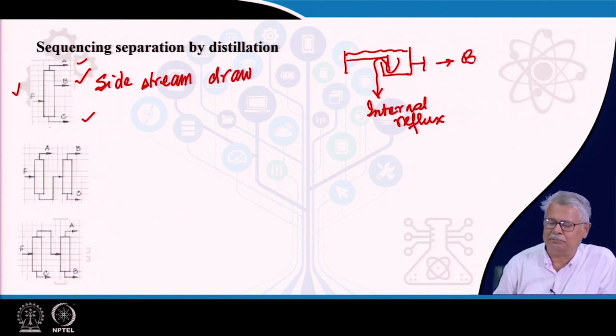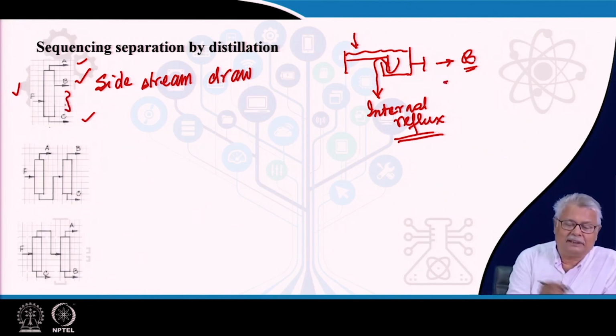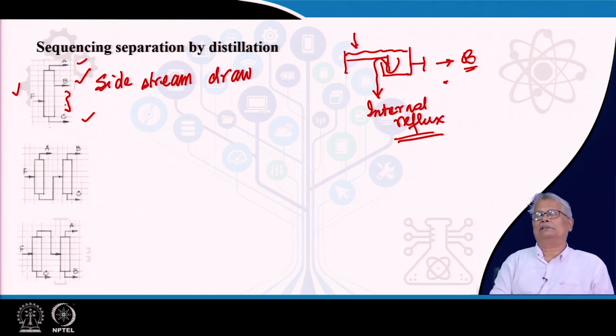And this is your stream B. You will notice one thing: whatever liquid falls on this, if the entire amount is drawn out as B, the internal reflux would dry out. That means it will make these trays ineffective. That means there is a limit up to which, if you have to maintain a quality of B, you can draw, and that is slightly more complicated as compared to operating your straight column.